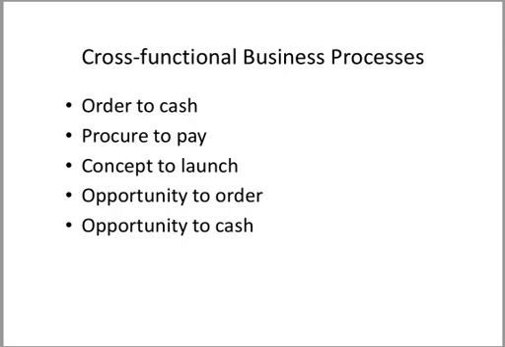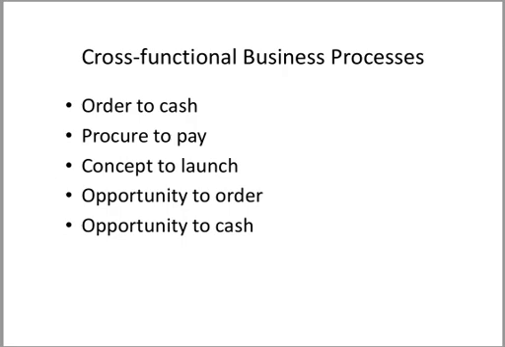So many times when people talk about improving businesses and business process reengineering, they're largely focusing on these cross-functional business processes, because order to cash or opportunity to cash is like the core business process and involves so many functions.